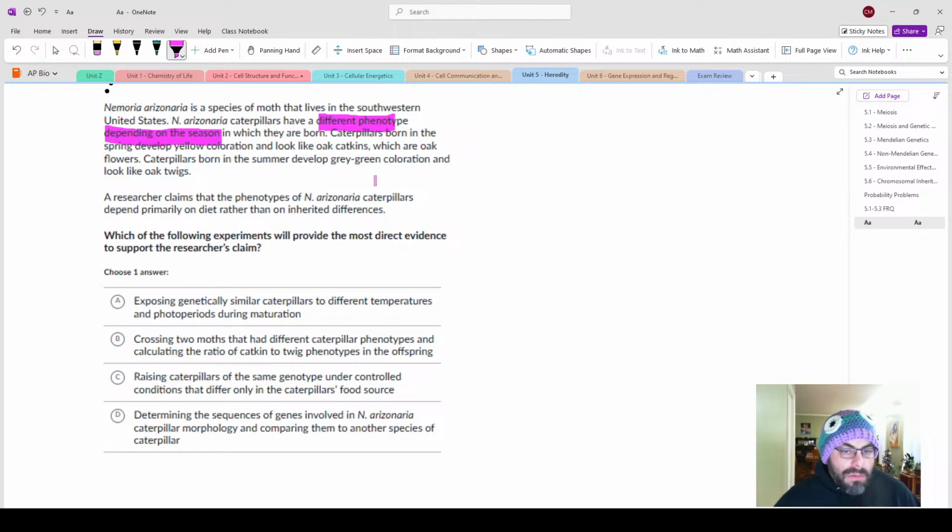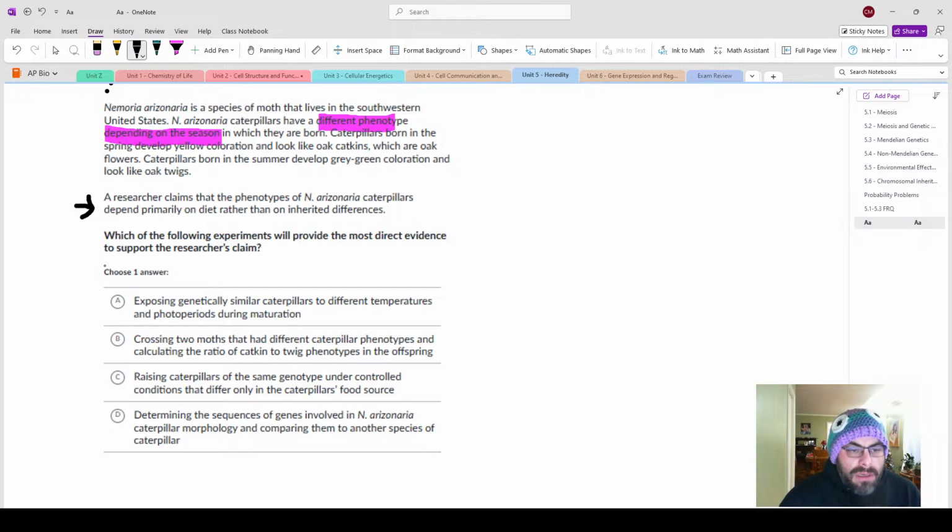Okay. Which of the following experiments would provide the most direct evidence to support the researcher's claim? All right, so these are interesting questions, and they are common on the exam. Phenotypes. Okay, so understand this claim. What is this claim?